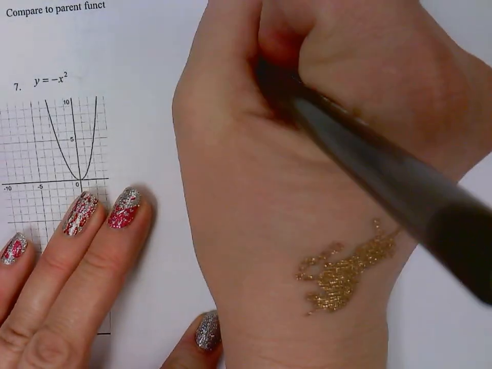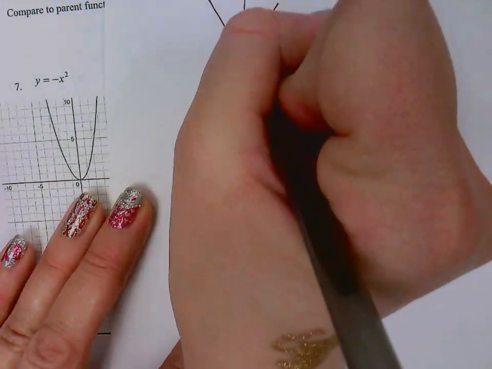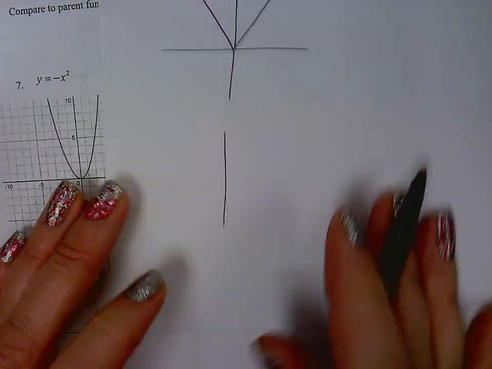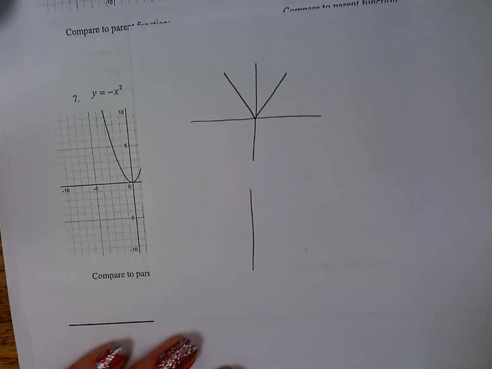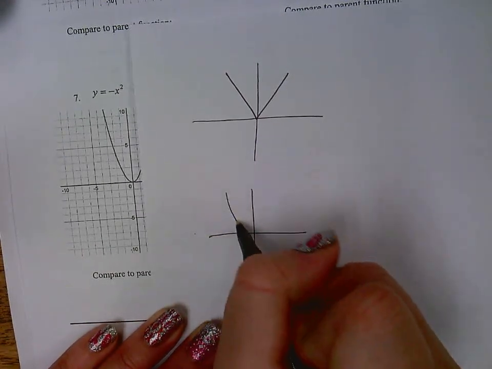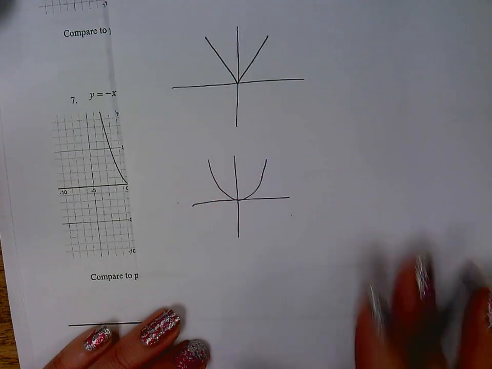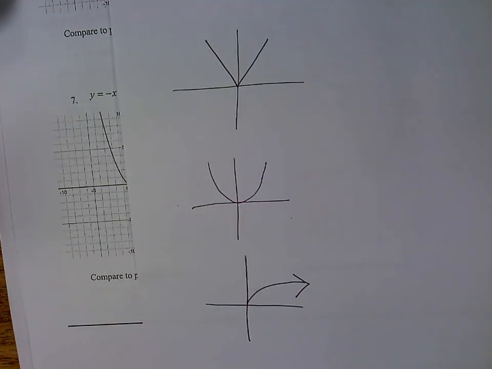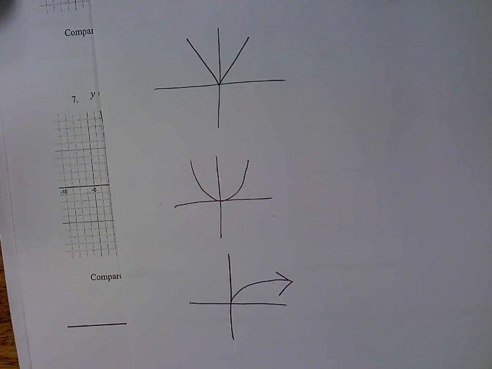this function, this function, and this function, what do the first two functions have in common that the third function does not have in common?